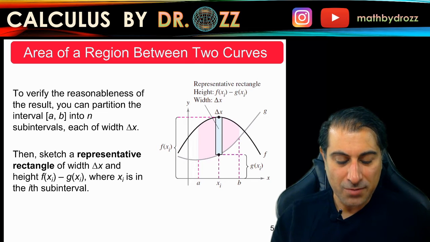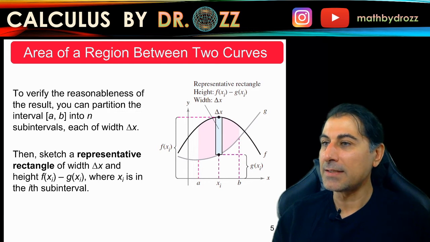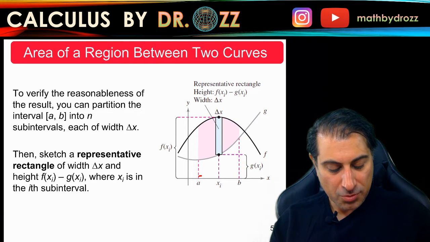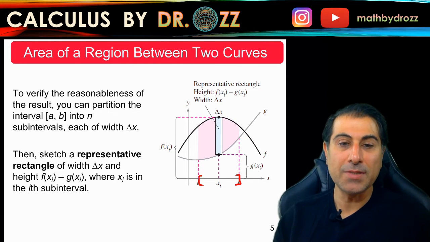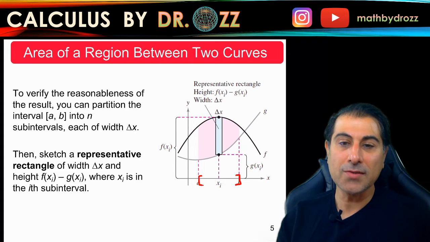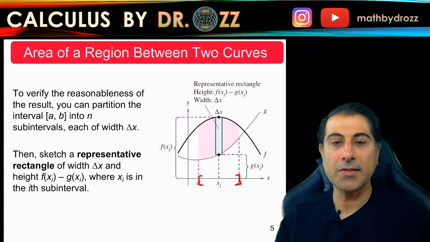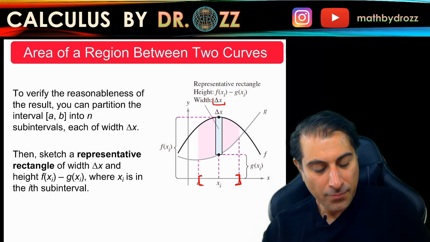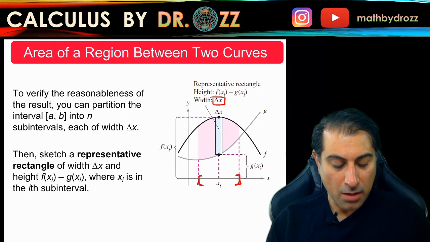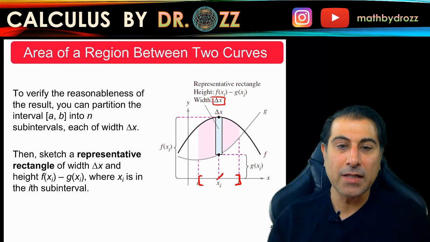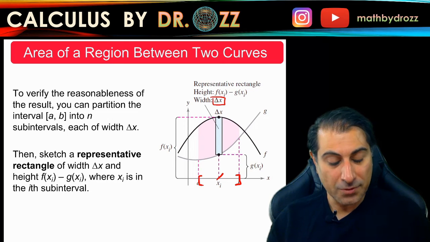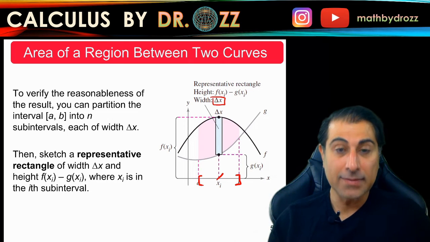When we were talking about the area concept in Calc 1, we split this interval a, b into subintervals, and those subintervals come with the width delta x. And then we choose a point, let's say x i, within that interval.